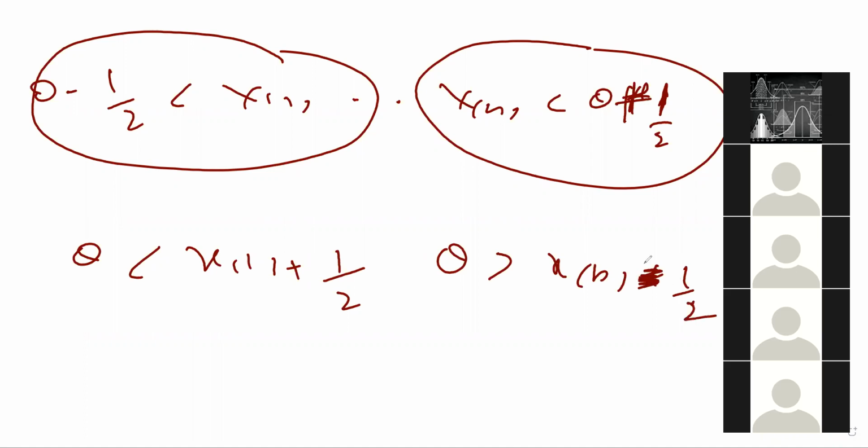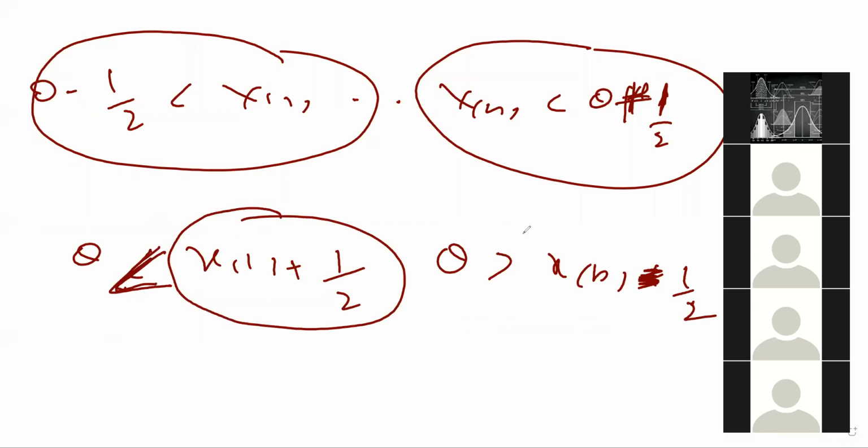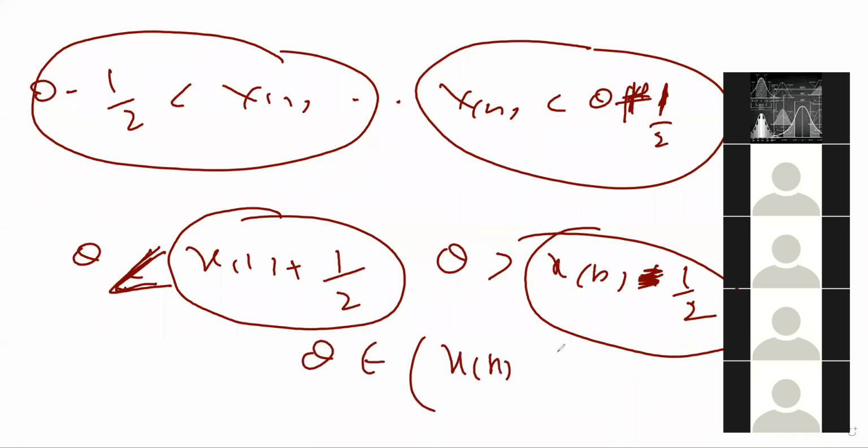From this we can see that the MLE of theta is not unique. There are questions in ISS also asking whether the MLE is unique or not. So we can see from here that the MLE is not unique. Any value of theta will lie from xn minus half to x1 plus half. This is the interval in which theta will lie.